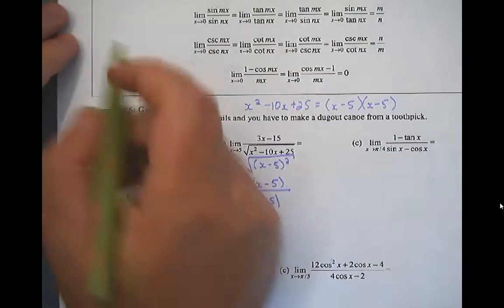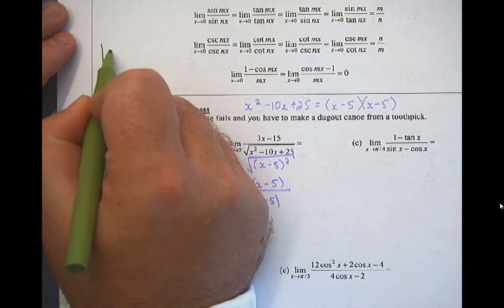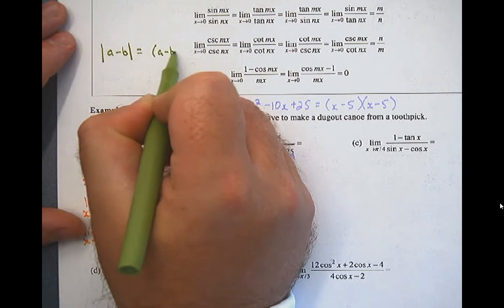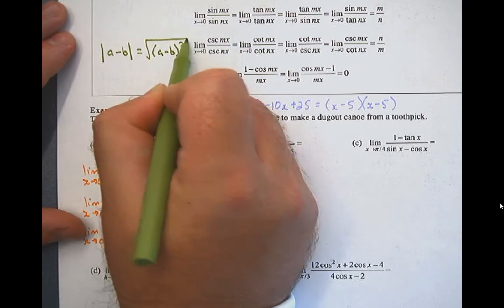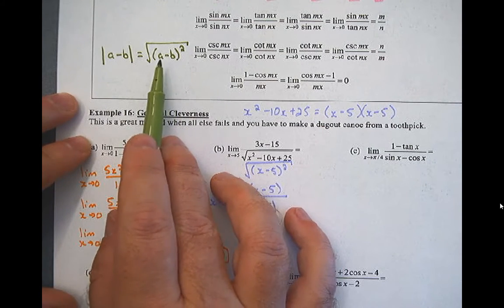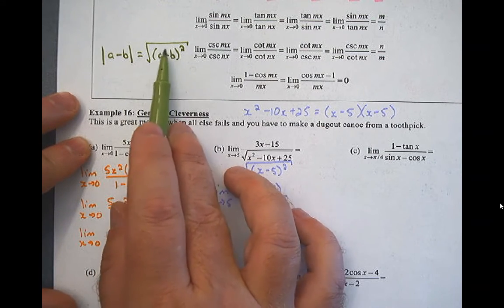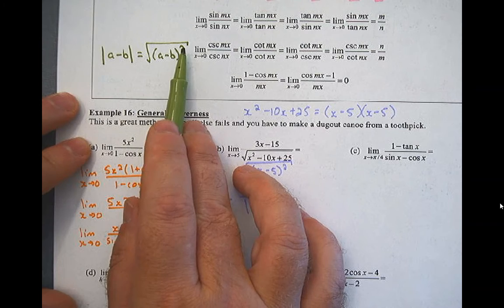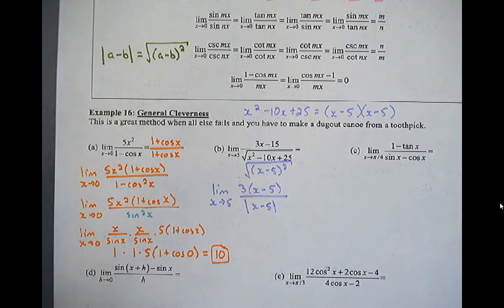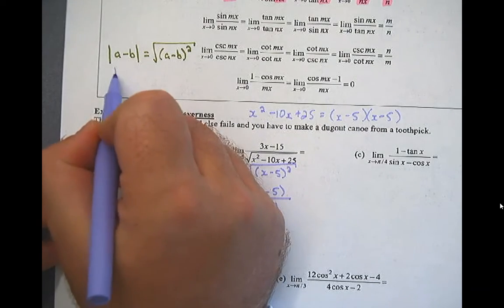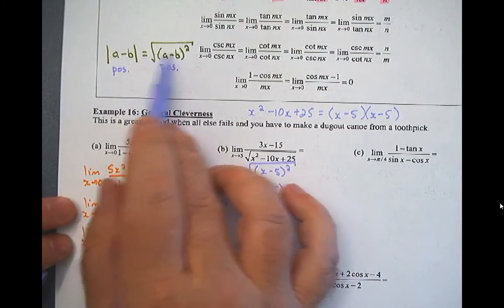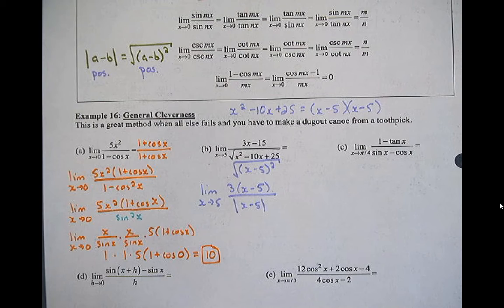The absolute value of a minus b is the same as a minus b getting squared and then square rooted. Now you might say, well, don't those just cancel each other out? They do after you take into account that if this is ever negative, it gets squared to become a positive and then gets square rooted again, which means that these are always positive. These are equivalent ways to think of each other.